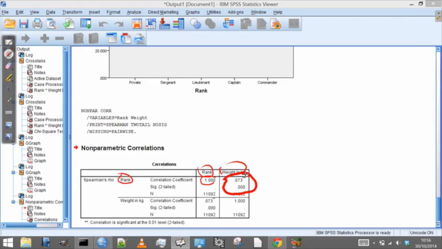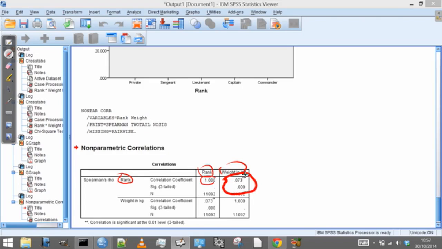Would anyone like to make a statement of these results? Okay, you might not like to make a statement of these results. Is anyone going to offer a statement of these results? Could anyone be convinced ever? There is a significant correlation between the rank and the weight.